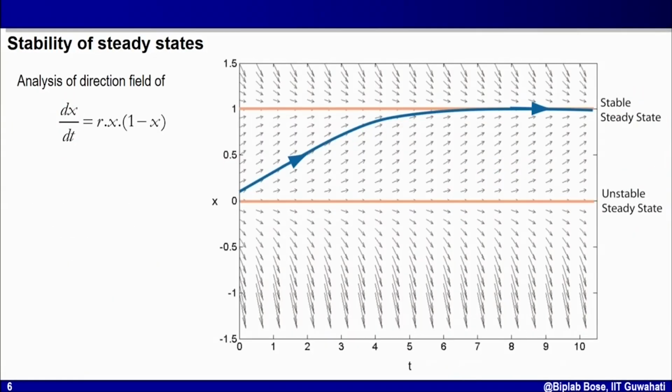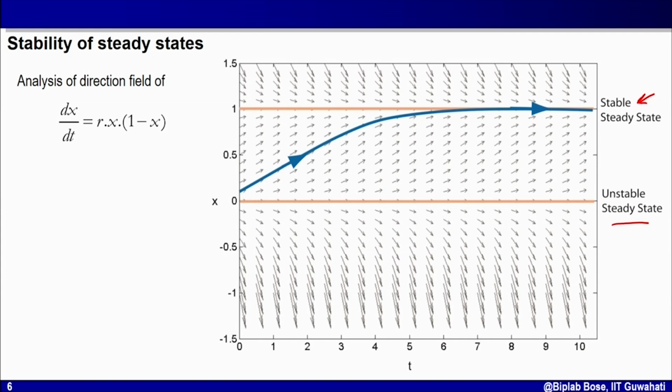Let us explore the direction field further to understand how the dynamics happen between a stable and an unstable steady state. Isn't it the same problem? As I have shown in the direction field here in the graph, I have two reddish lines, representing one unstable steady state and one stable steady state.